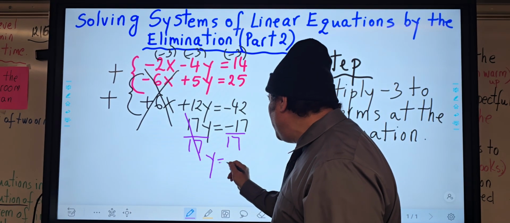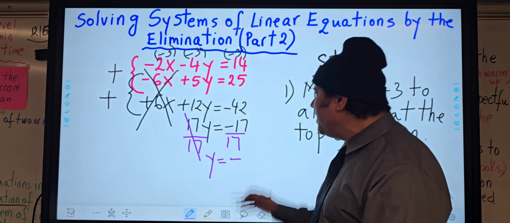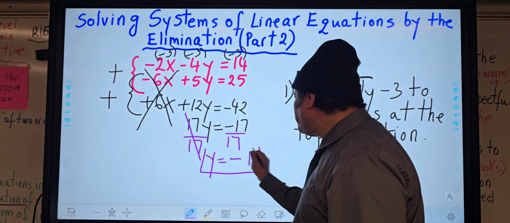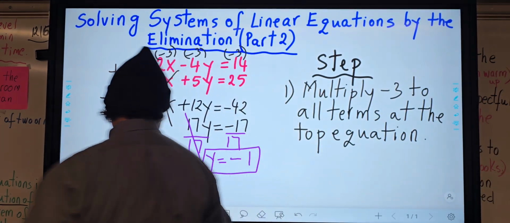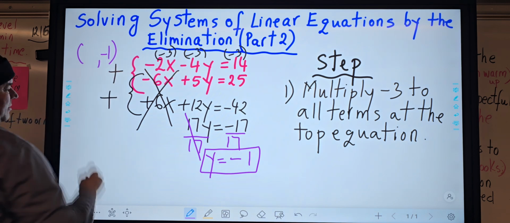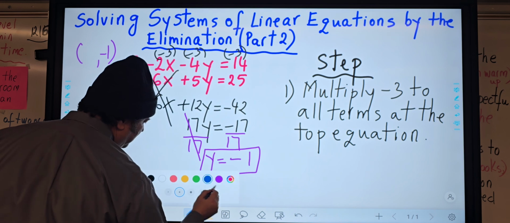So y equals a negative divided by a positive, which is a negative, 17 divided by 17 is 1, negative 1. So we got half of the answer. y is negative 1. Now we need to find the x.